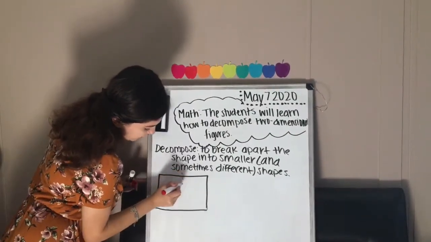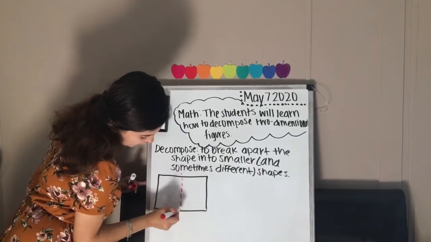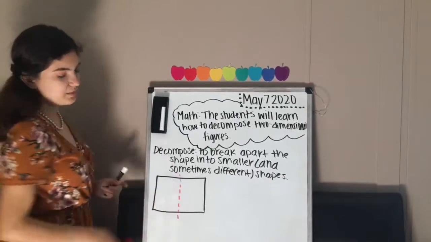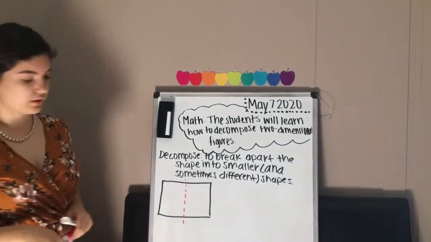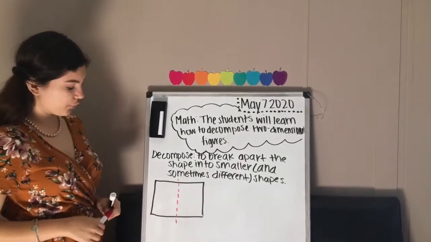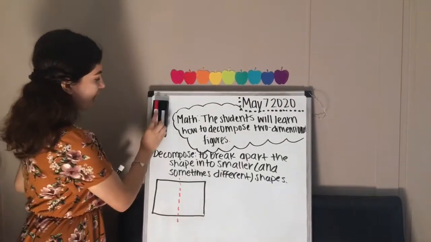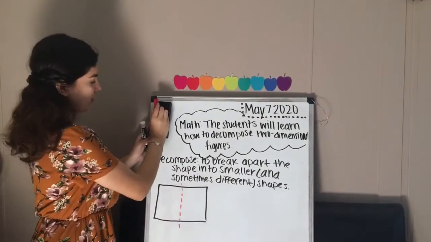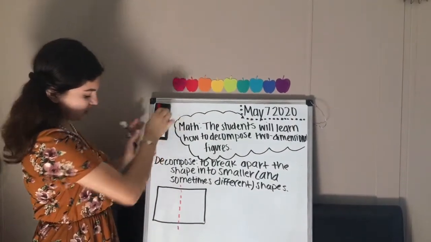So we're decomposing this rectangle and we're going to form two shapes. What shapes do we form here? Yes, Emily? Correct, we formed two squares out of the rectangle. So when we decomposed the rectangle, we got two squares.